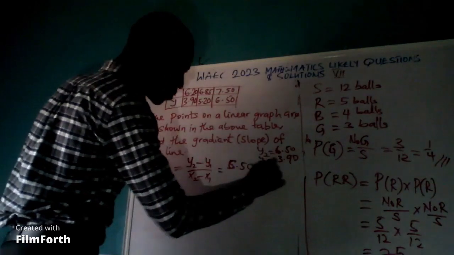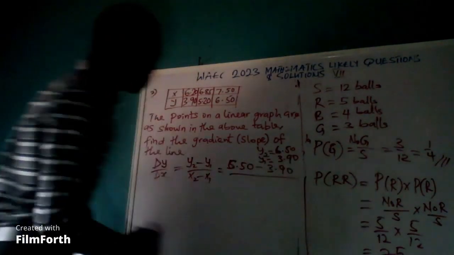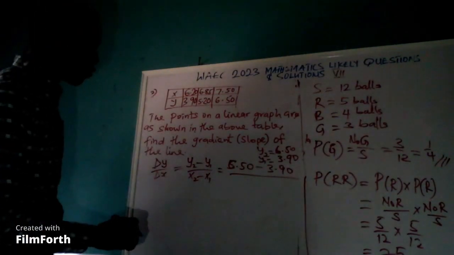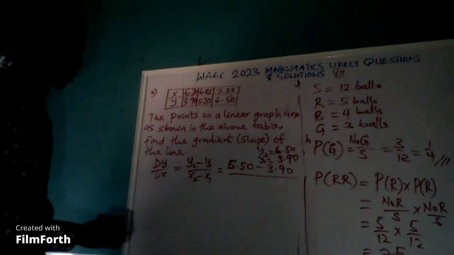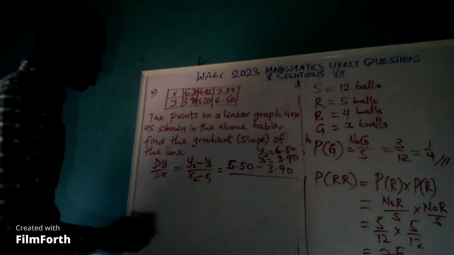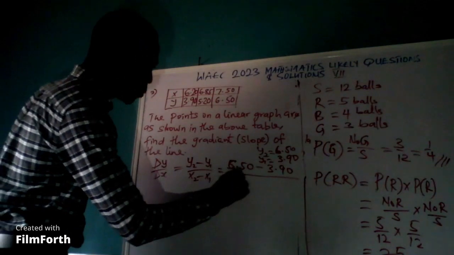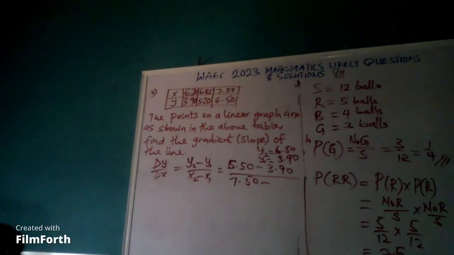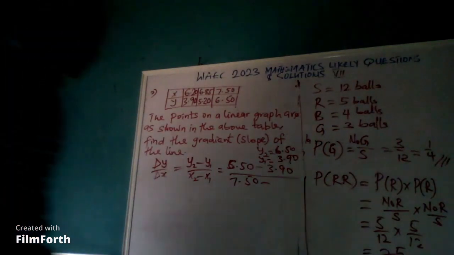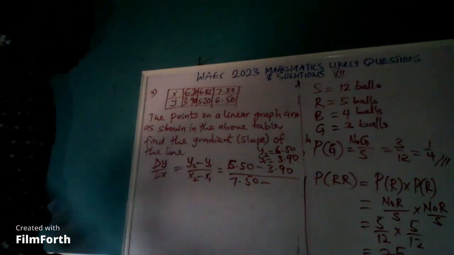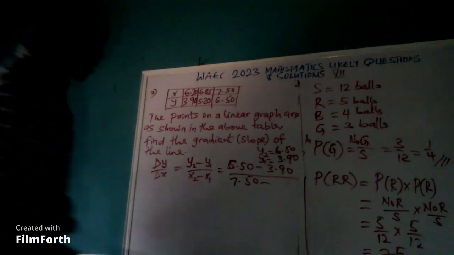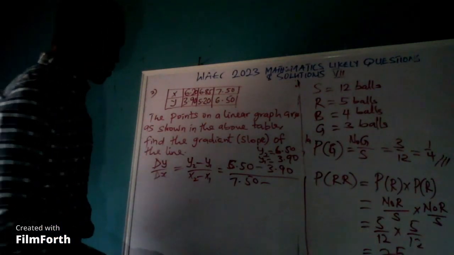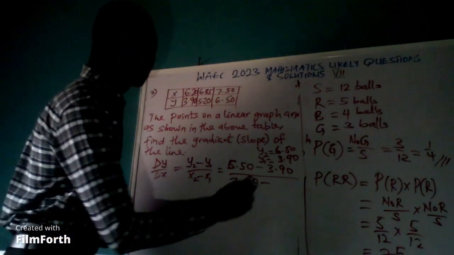So we have 3.90 all over the corresponding value of x2, which in this case is 7.50, minus the corresponding value of x1, that is 6.20.